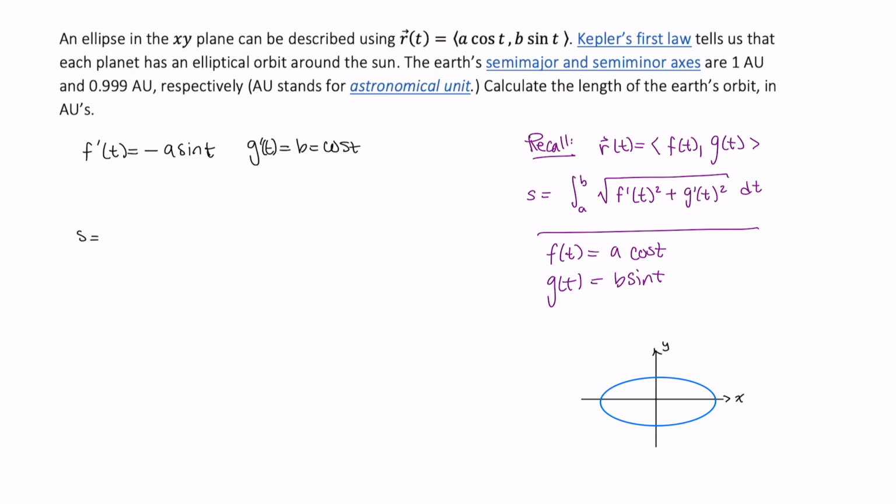It doesn't matter which end I label a and which end I label b on which axis. What matters is that starting here and going all the way around is an angle of 2 pi. That is a rotation to go all the way around.